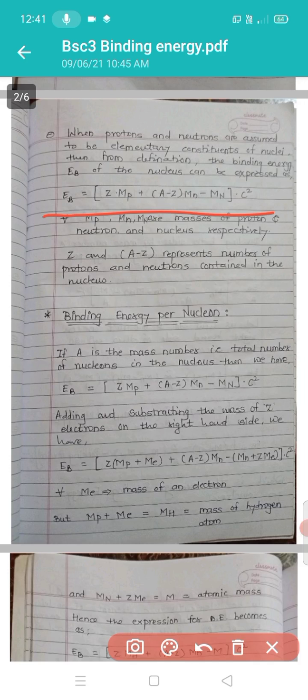This is the binding energy formula. What is the binding energy and its formula?